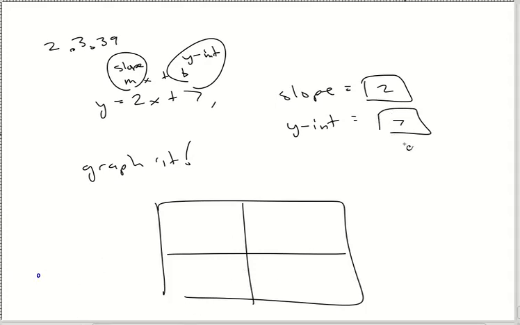A y-intercept is where it's actually touching the y-axis. I often like to think of this as where I'm going to start. I'm going to start at positive 7. 1, 2, 3, 4, 5, 6, 7. Put a dot there. So you're going to go to that tool, you'll click it, and that's good. And then when you move your mouse around, it'll do all these weird lines all over the place. Well, you're trying to find the next coordinate. Notice that has a slope of 2.